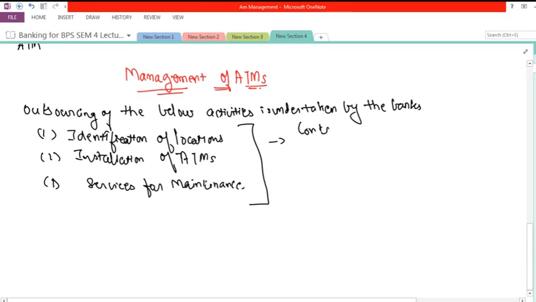basis of contracts. Contracts are given to people, between the banks and the ATM managing parties, and it is done on the basis of leasing.